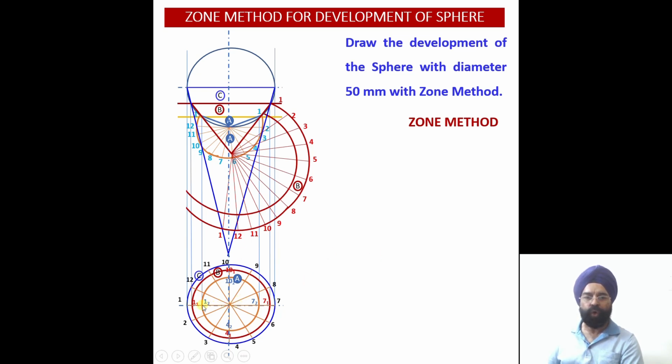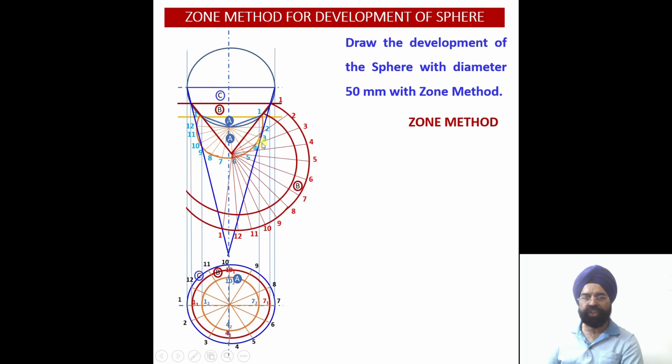Since O1 and O7 are parallel to the vertical plane or the XY reference line, therefore O'1' and O'7', that is this slant length, is my true length of this slant generator O1 or O7. So this is the true length for slant generator O1, and this is the true length for slant generator O7.